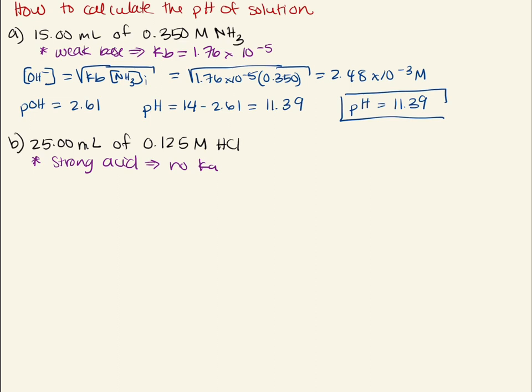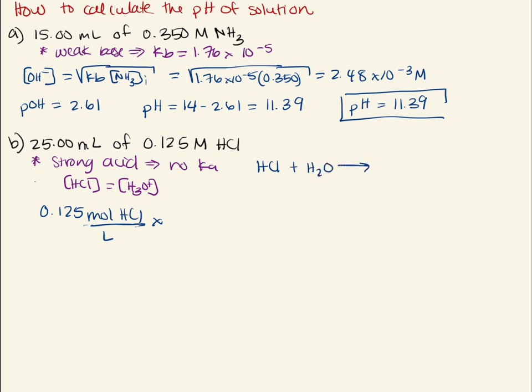So I also know that for a strong acid, the concentration of my HCl is going to be equal to the concentration of my hydronium ion. And that is because I can take my 0.125 moles HCl per liter, and it's a 1-to-1 mole ratio when hydrochloric acid dissociates in water.